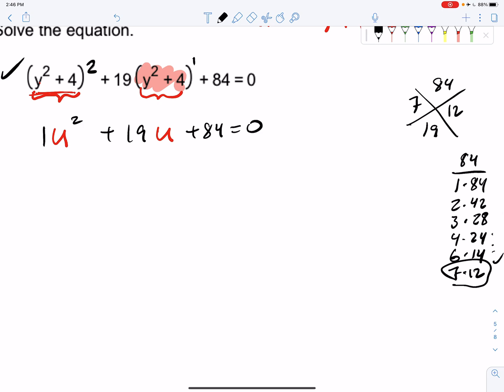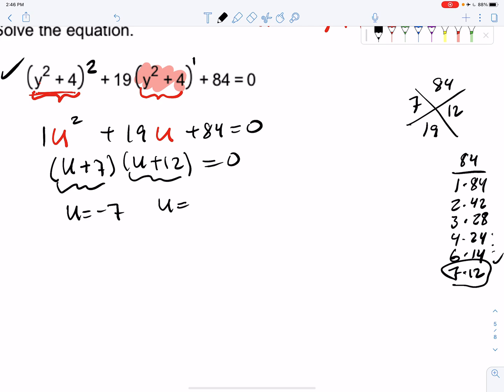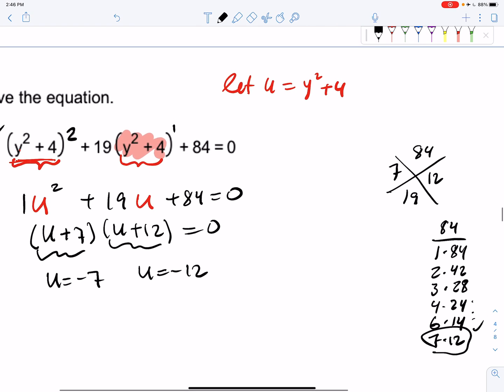Because there's a leading coefficient of 1, this is going to be simple. u plus 7 times u plus 12 equals 0. Set each factor equal to 0, so u equals negative 7. Set the second factor equal to 0, so u equals negative 12. Now we wanted to solve for what? y.